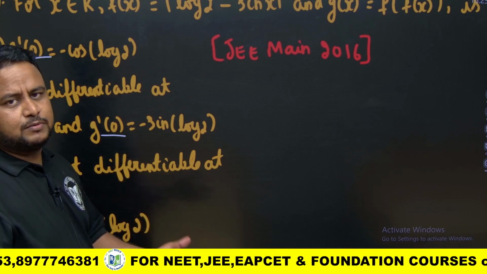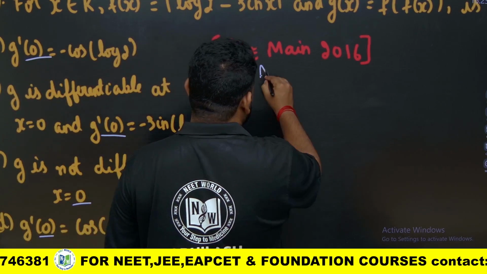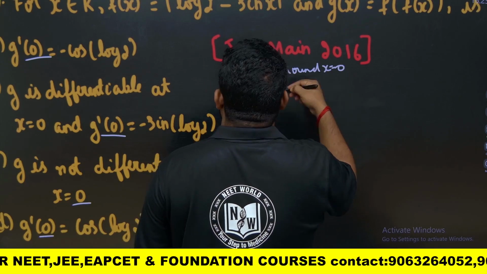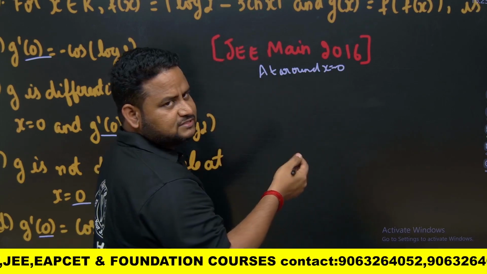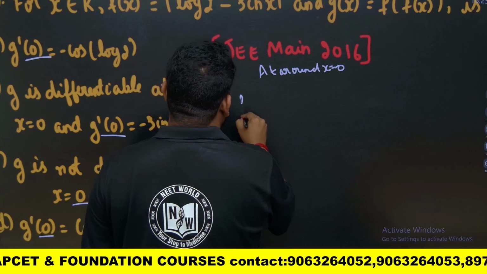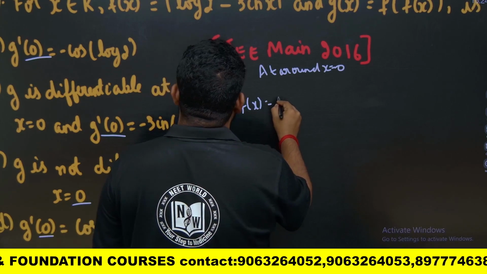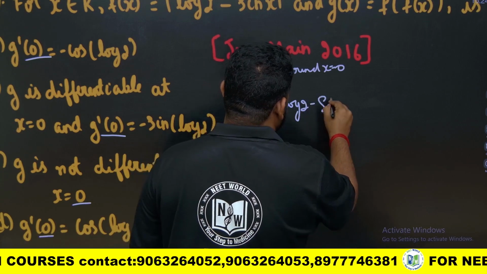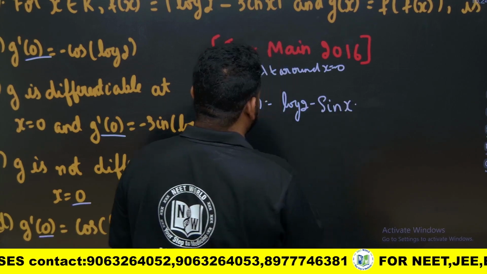So, let me take around the point x is equal to 0. Around x is equal to 0, what will happen? Log 2 will be 0.6 something, sin 0 will be 0 itself. So, f of x will be log 2 minus sin x.